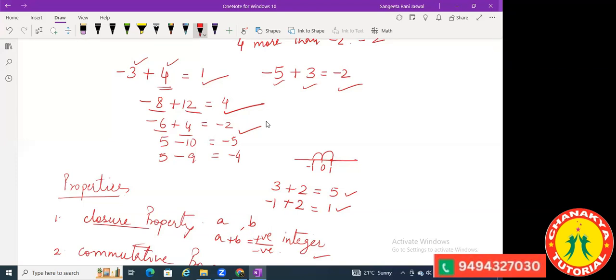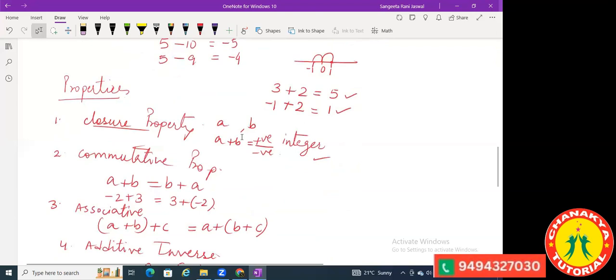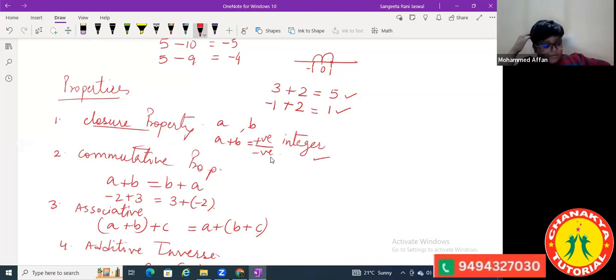Great. So let's move on to another part now. The next property is the commutative property. The commutative property says that when you add two integers in any order, the order can be changed, A plus B or B plus A, the answer will be the same. But for subtraction and division, it will not be the same answer.